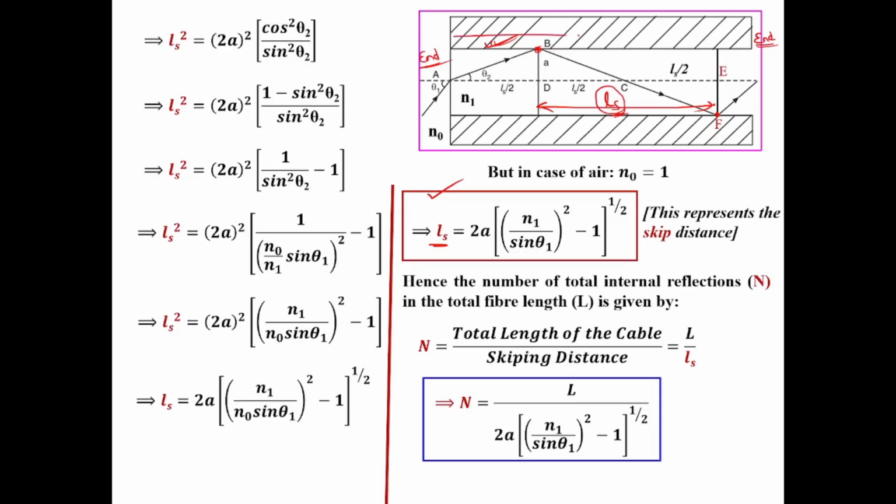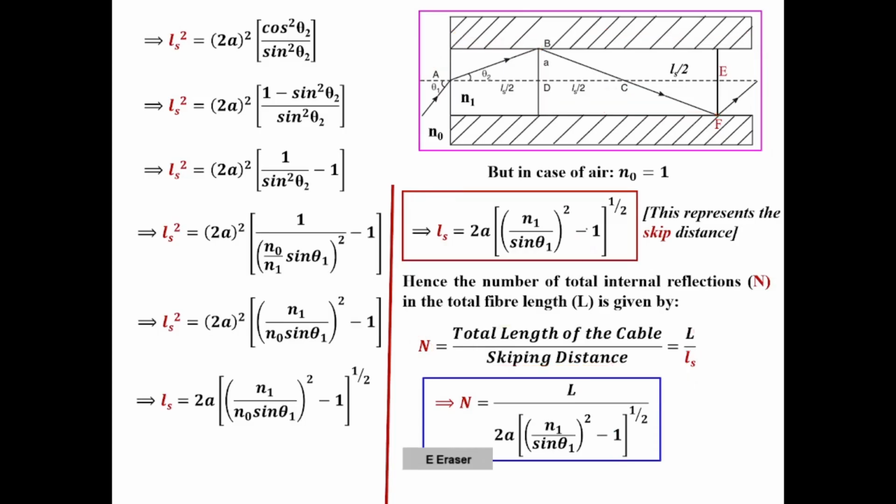So if the total distance or the total length of the fiber is L, then how many total internal reflections will there be? So the total internal reflections N will be equal to the total length by the skip distance. Simple. Capital L by Ls. L by Ls, I just substituted the value over here.